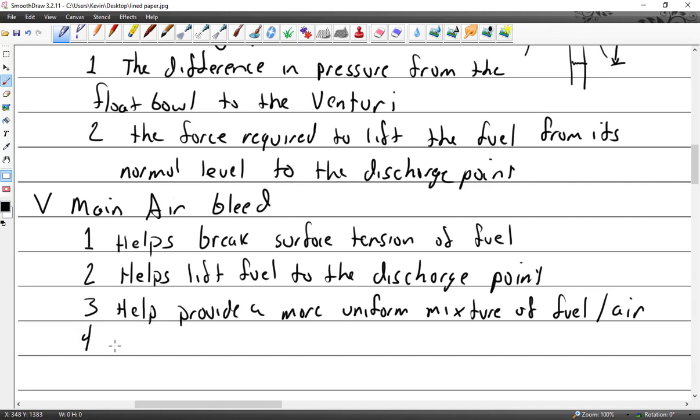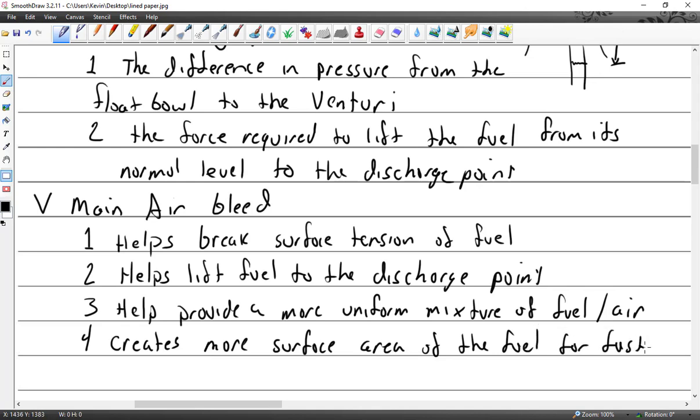What else do we have here? Acceleration reserve. Nope, it does not do that. It creates a place for that, but when it's operating, no. It creates more surface area of the fuel for faster evaporation.